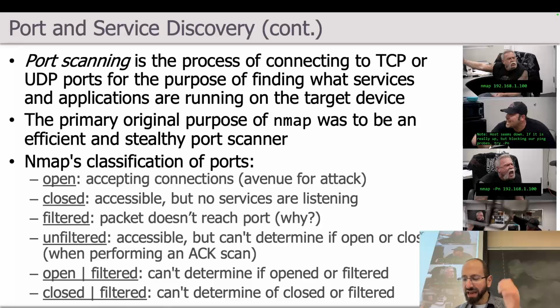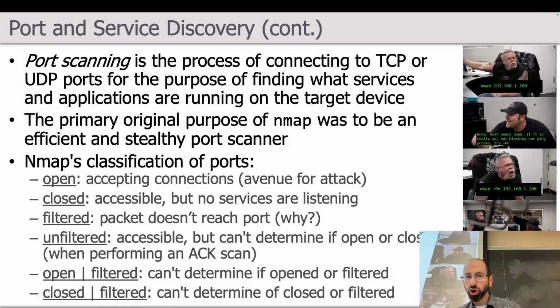Other tools may just have things as open or closed, but the mechanisms Nmap uses allow it to determine whether a port is open, accepting connections, or closed. We can tell that there's something there, but no services are listening on that port, or it has mechanisms to determine to what extent a port is filtered.